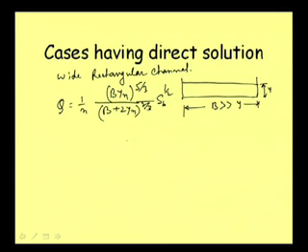Now, in this, if it is wide rectangular channel, what we can write is that in B plus twice yn, twice yn is very small in comparison to B. So, we can neglect twice yn as compared to the value of B.